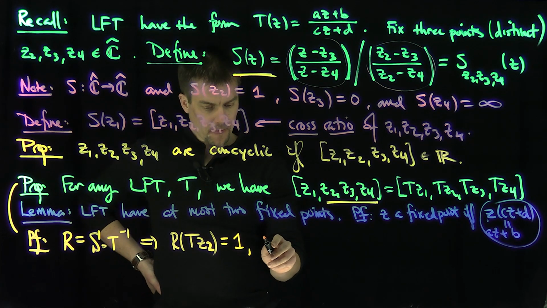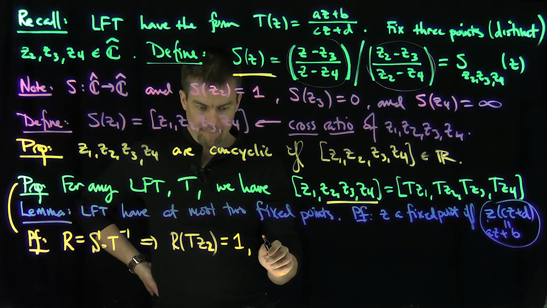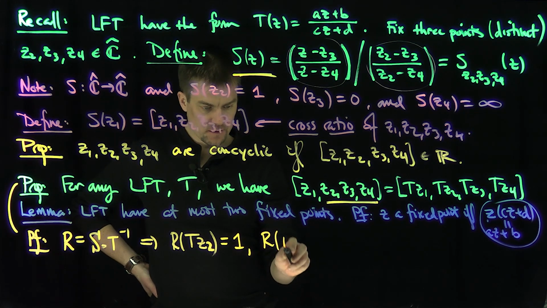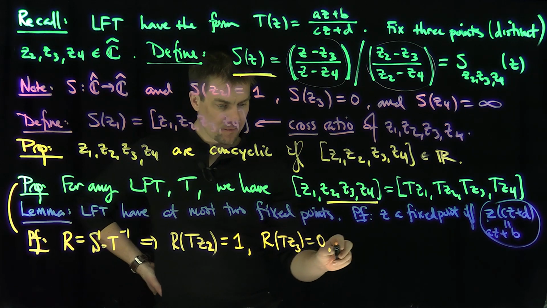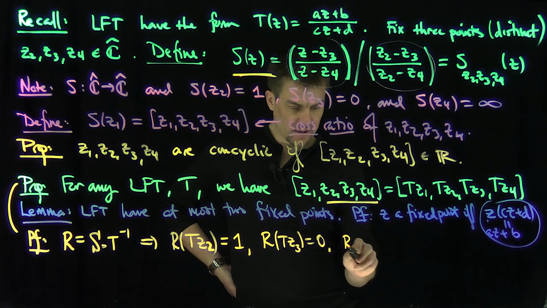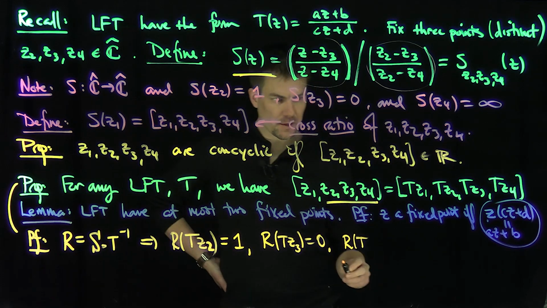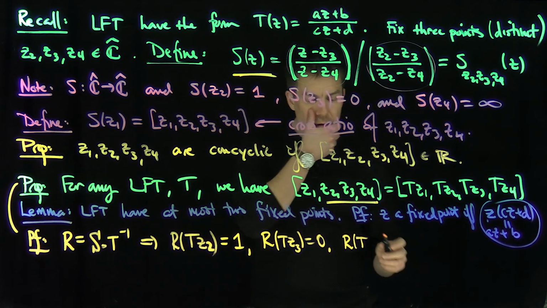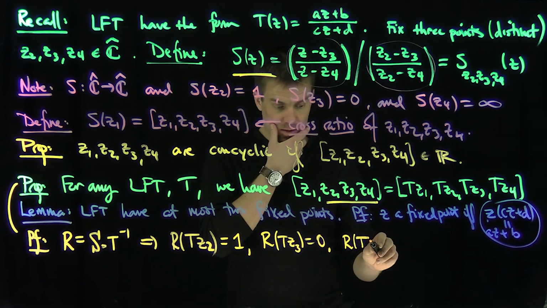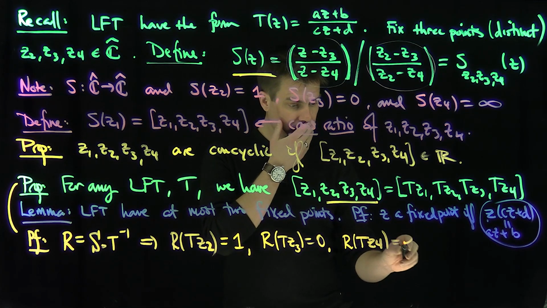And then R of T Z3 is going to be 0. And then R of T Z4 is going to be infinity.